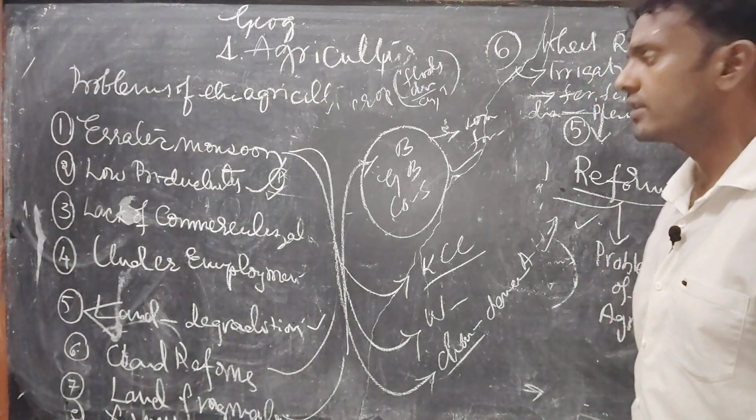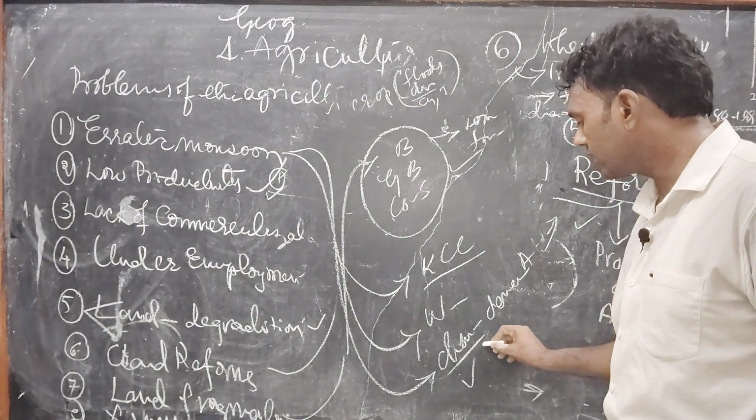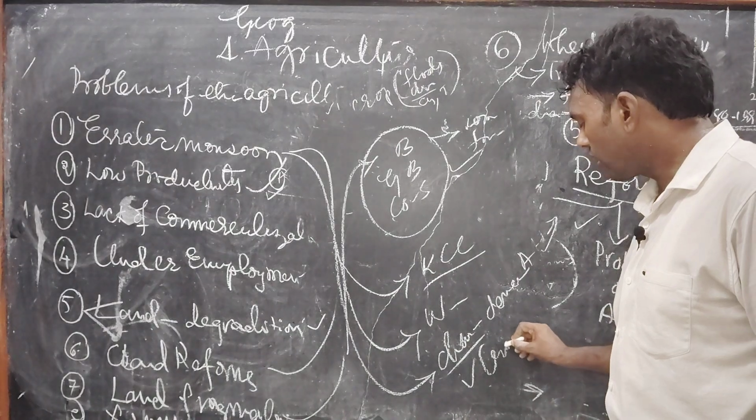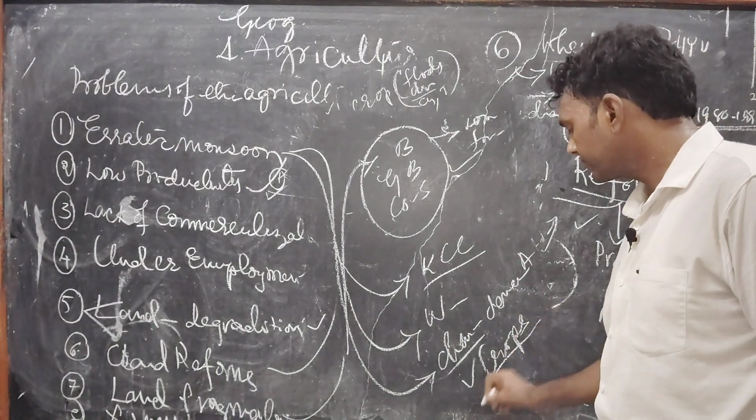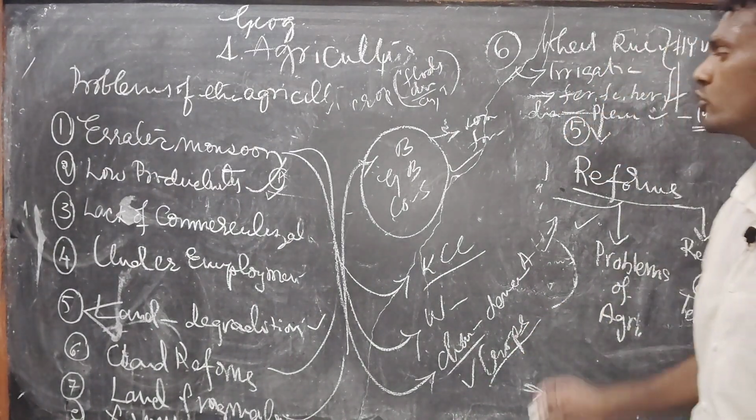They are always focusing on how to develop the crops and how to get profits. So these are the institutional reforms.